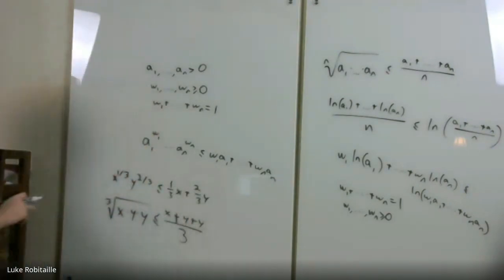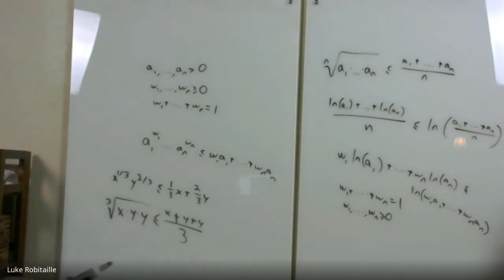You can think of this as a generalization of AM-GM, which usually you don't care too much about if you can get what you want with standard AM-GM, but it can be a useful trick.